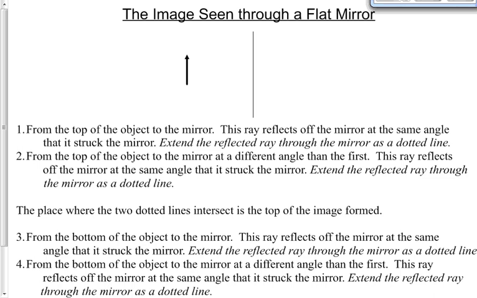Now, there's millions of rays of light doing that, but we're going to pick 4 of them. We pick the ray of light that reflects off of the guy's head. Maybe it goes straight toward the mirror. When it hits the mirror at 0 degrees, because we always measure from the normal line, it reflects back at 0 degrees. Angle of incidence equals angle of reflection.